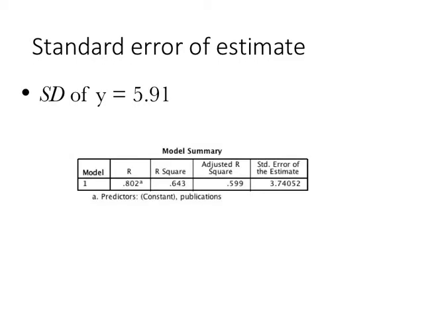The reason why I don't use it is that there's really no metric or scale to place it on. In our case, the standard deviation of y was 5.91, and the standard error of the estimate was 3.71.